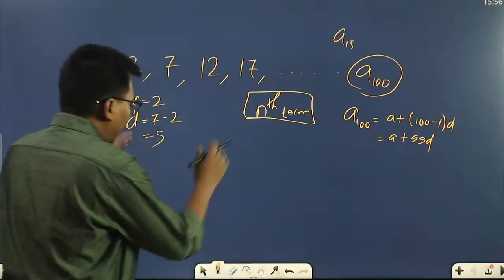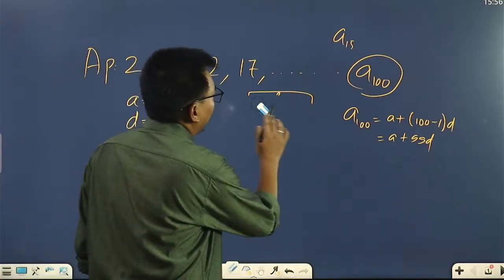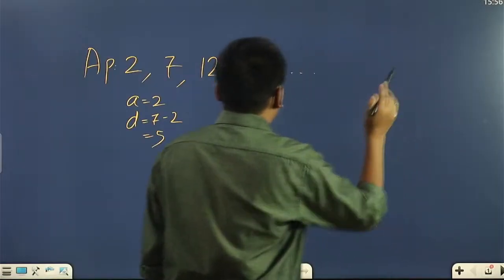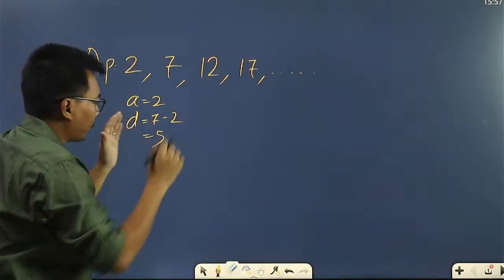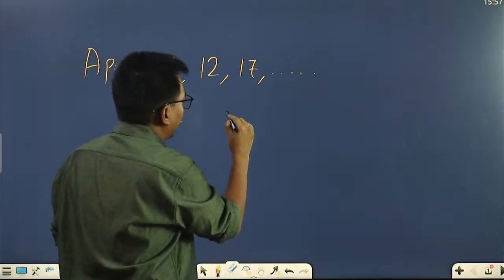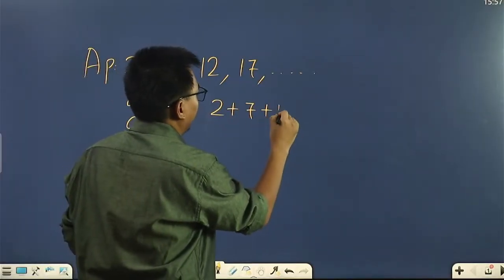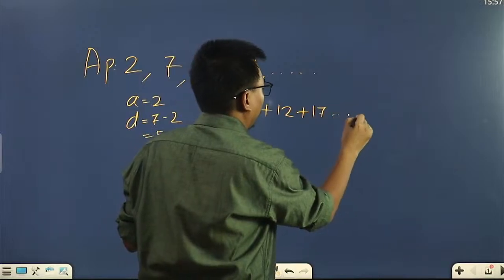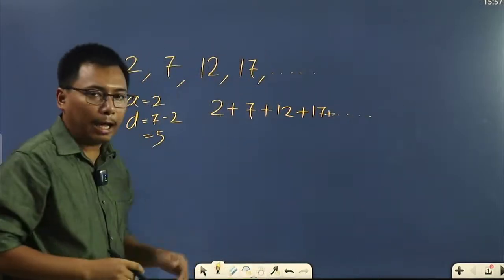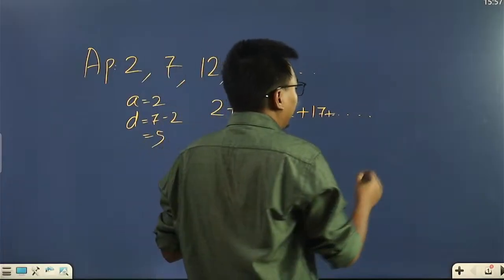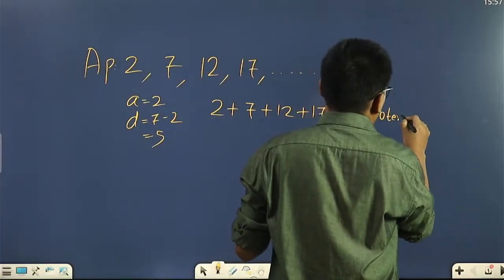Now, in this session, we are going to learn the sum of first n terms of an AP. What does it mean? We have an AP, and let's add the terms, and so on. Let's take a simple example, up to 10 terms.